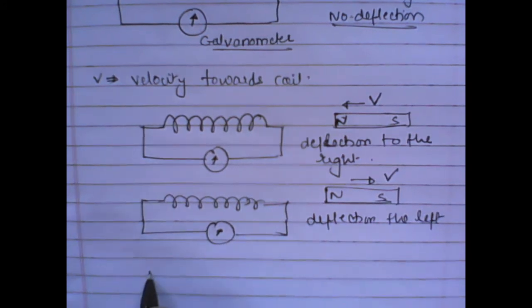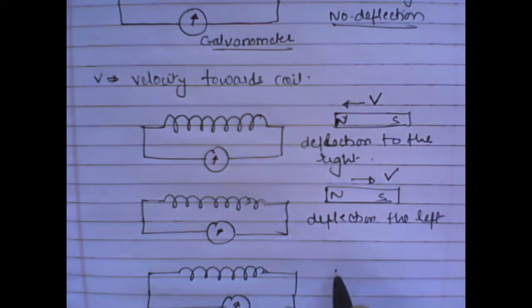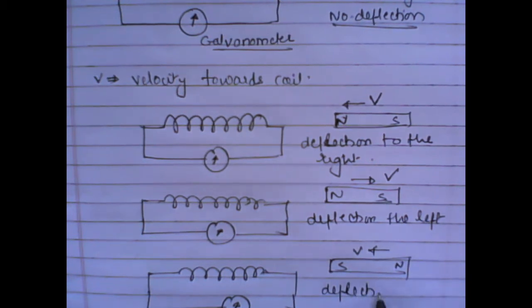Then what he did was he reversed the magnet and he moved the south pole with the velocity v towards the coil. Then the deflection he got was to the left of the 0 mark of the galvanometer.